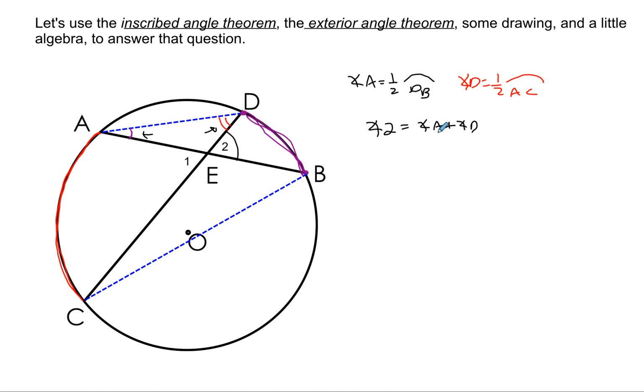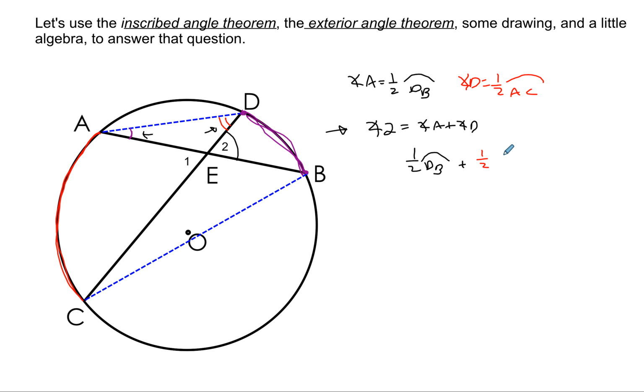Well, wait a second. Angle A, we already know there's a relationship between angle A and the intercepted arc. It's 1/2 DB. So wherever I see angle A in this equation right over here, I'm going to replace it with 1/2 of arc DB. Angle D, I'm going to replace with 1/2 arc AC. Let's do this in our red color.